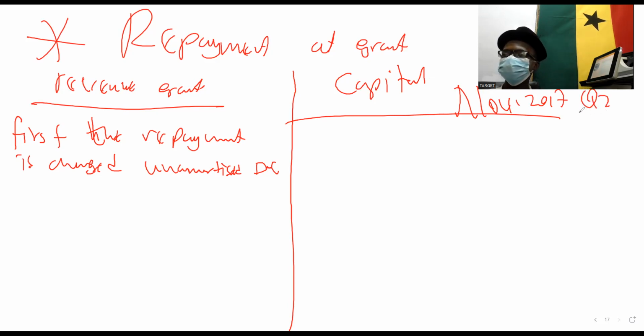That's level 3, Corporate Report. Now, over here, if it relates to assets, repayment of grants relating to what? Assets. Take note.